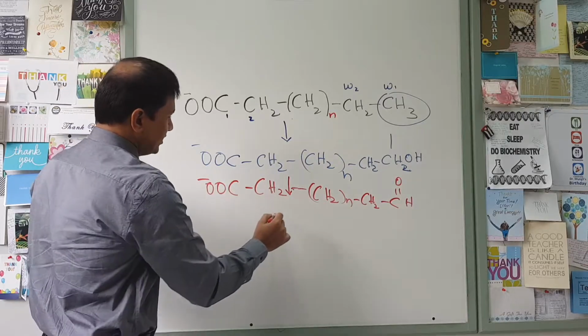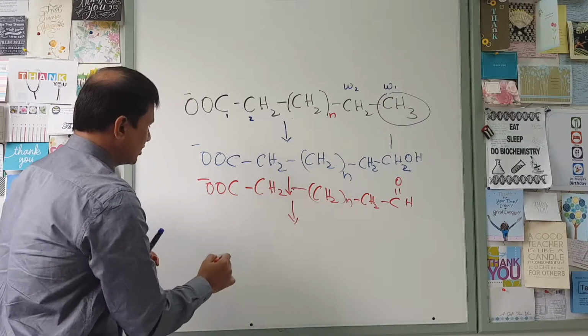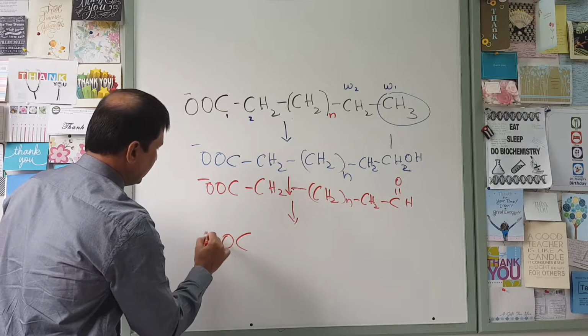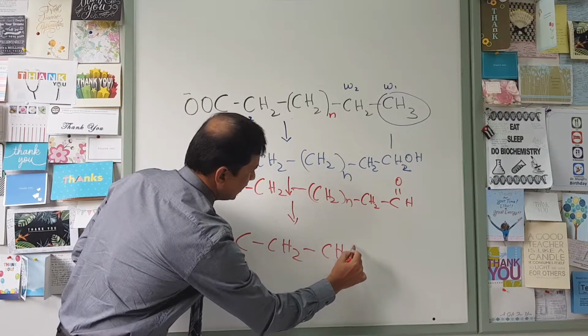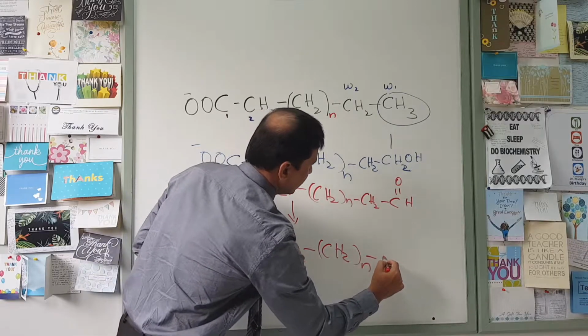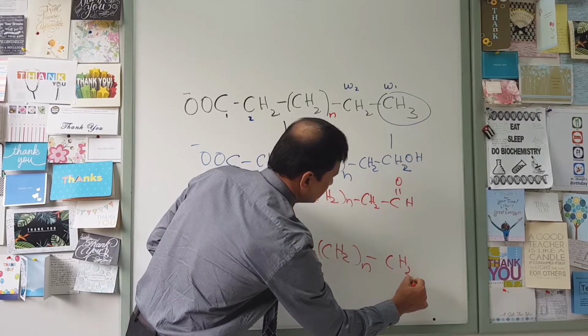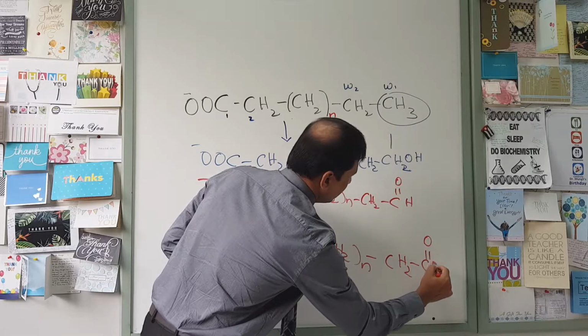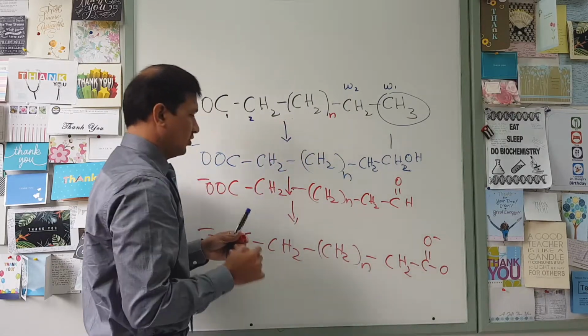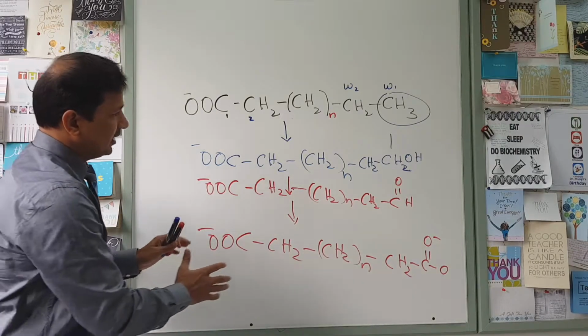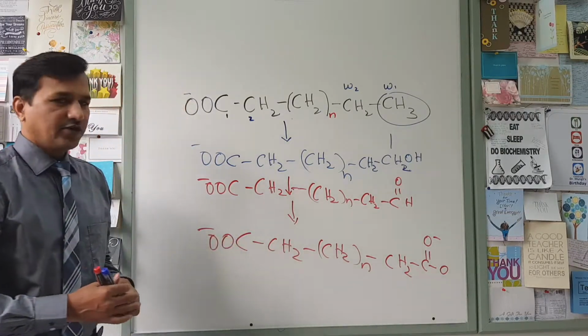Furthermore, this particular fatty acid will undergo oxidation, so we have COO minus, CH2, then CH2 n number of times, then we have CH2, C double bond O and O here, that is COO minus. So basically we got this fatty acid at the end of oxidation.